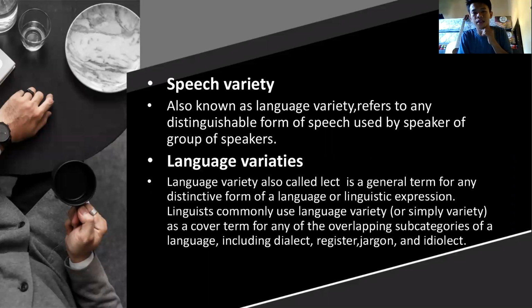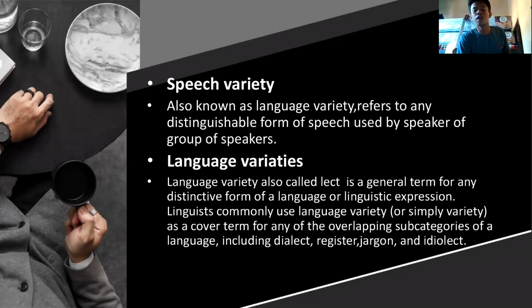And then speech variety, also known as language variety, refers to any distinguishable form of speech used by a speaker or group of speakers. And then language varieties. Language variety, also called lect, is a general term for any distinctive form of a language or linguistic expression.